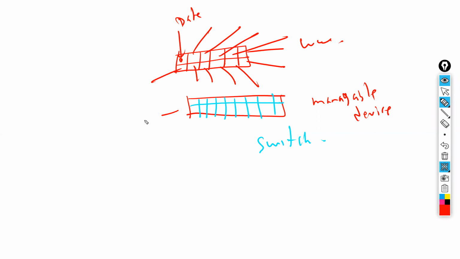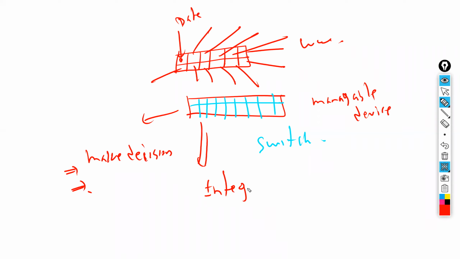And a switch can make decisions. When it wants to send data, it can make decisions. The switch is an intelligent device. The switch can decide when the data comes.